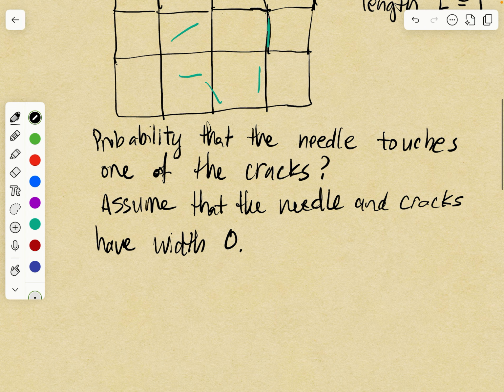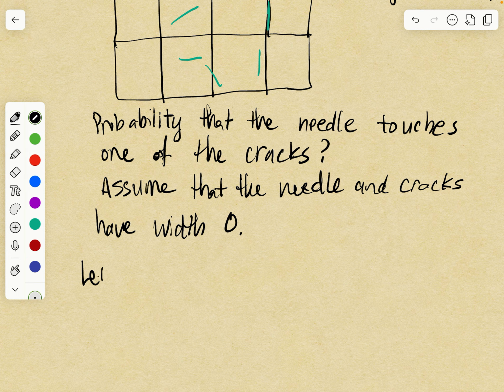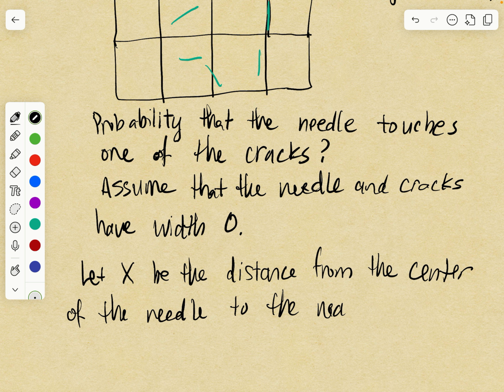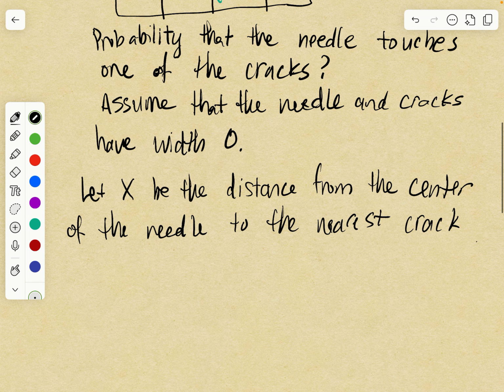So to solve this, we're going to let x be the distance from the center of the needle to the nearest crack. And we'll let theta be the angle between 0 and pi.